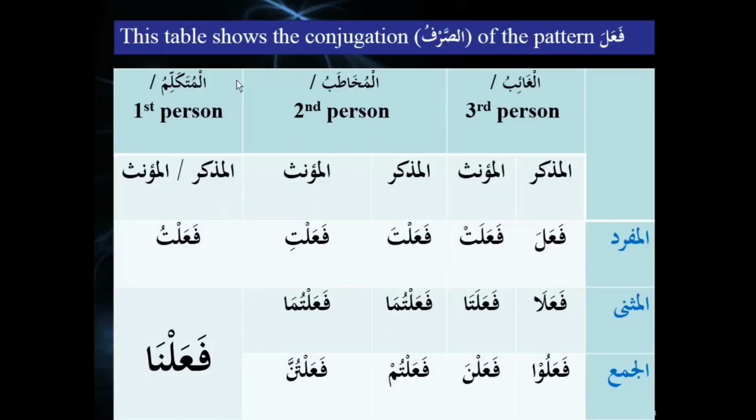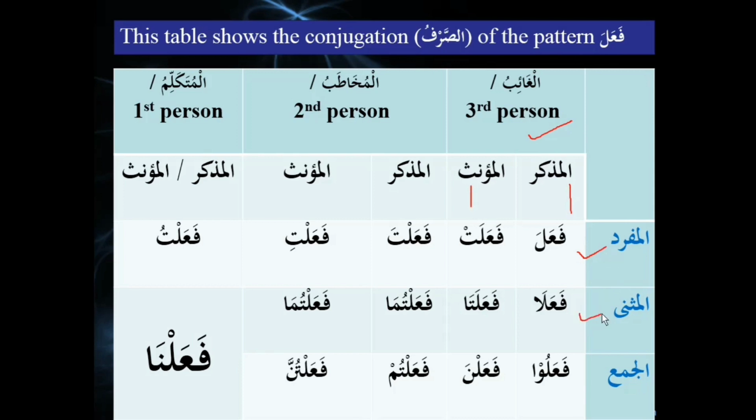This table shows the conjugation, that is as-sarf or the gardan, of the pattern fa'ala. In the third person column, that is al-ghaib, we have 6 forms, 3 for muzakkar and 3 for muannas. The first one is for mufrad, singular.